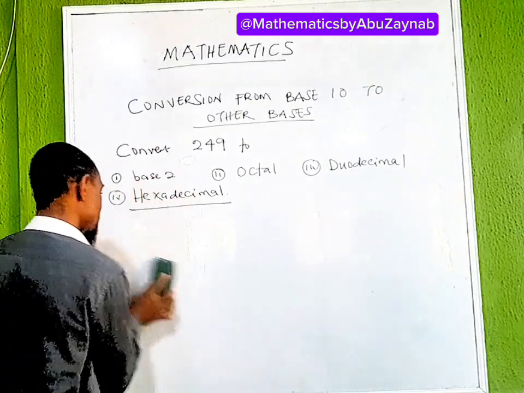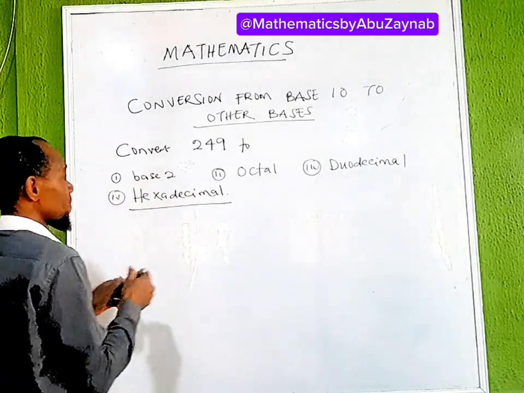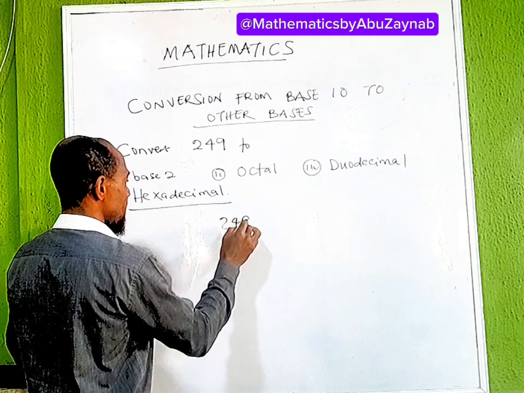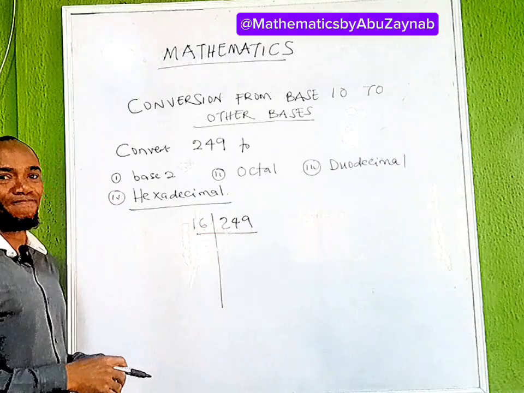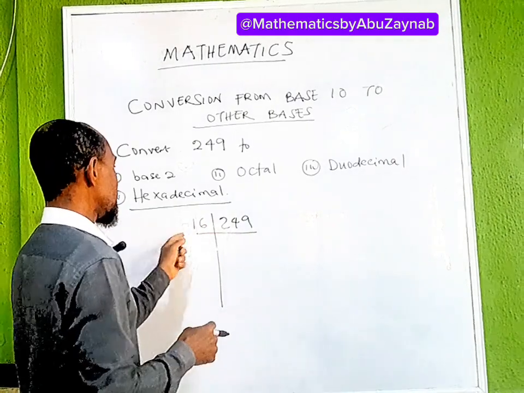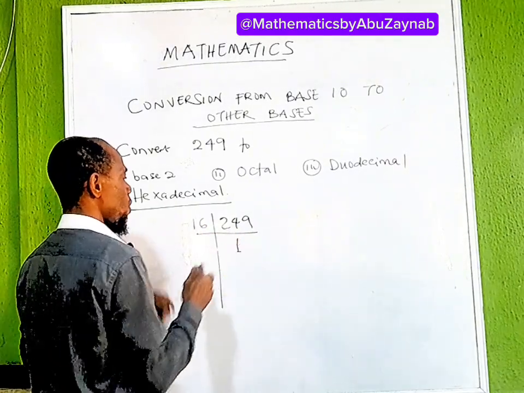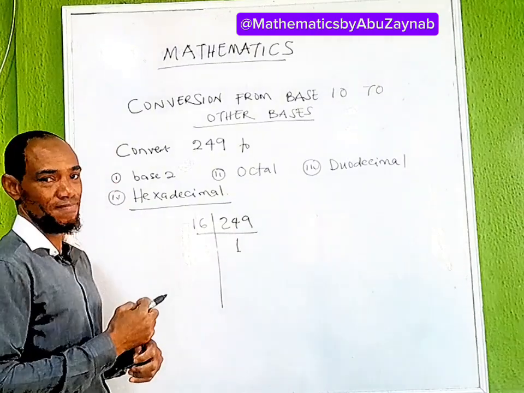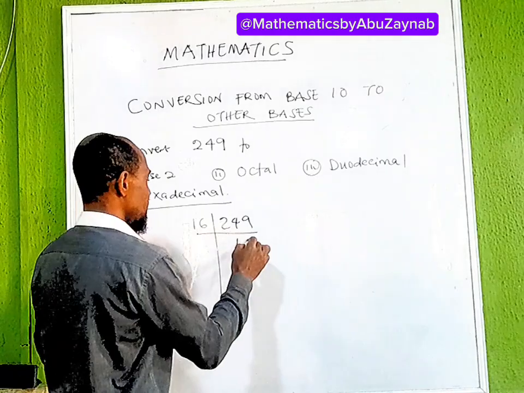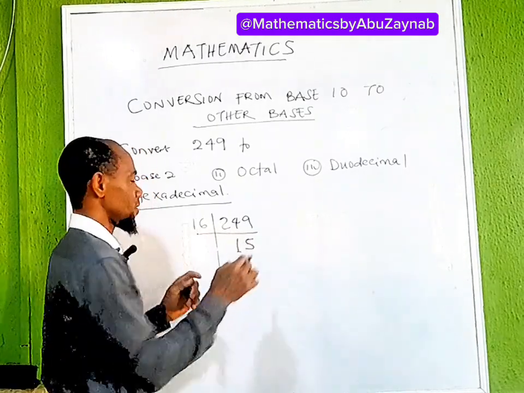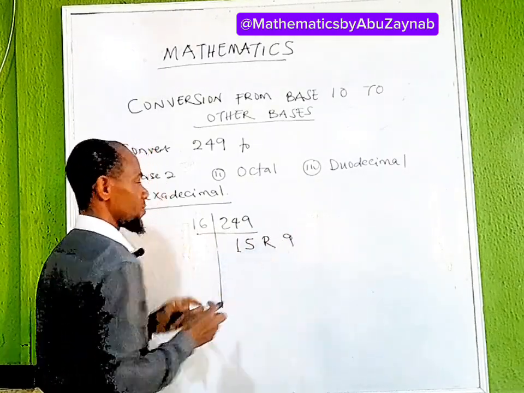And the last one there, we have the same 249 this time around to base 16, hexadecimal. So 16 in 24 is 1, remainder 8. Then we attach the 8 to 9, that's 89. 16 in 89 is 5, which is 80, remainder 9.